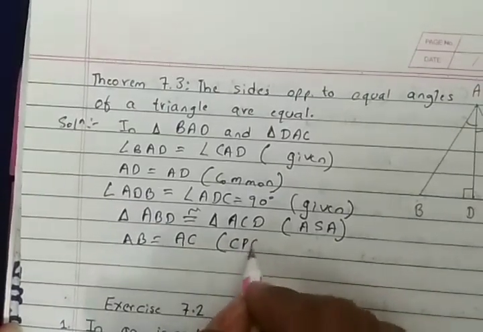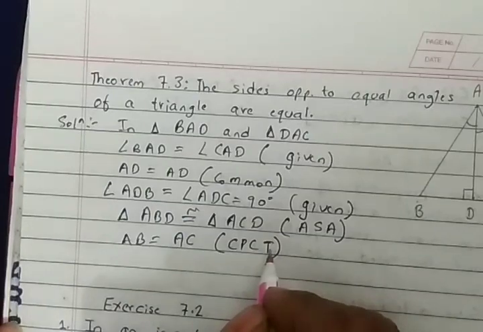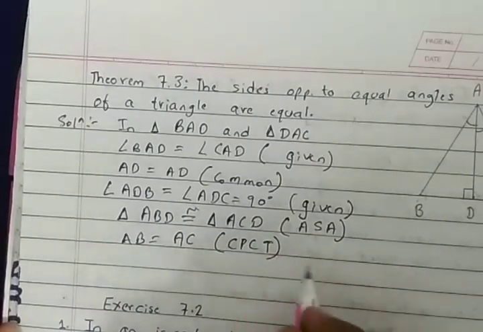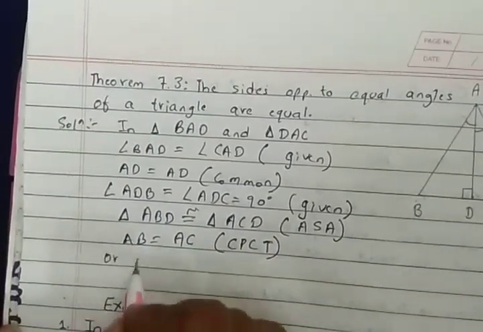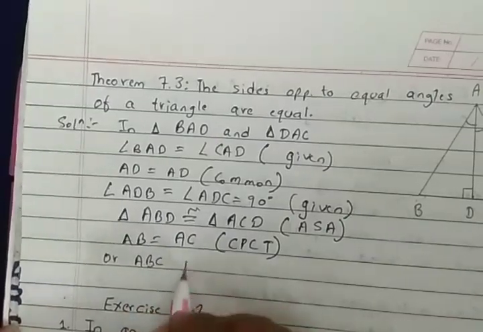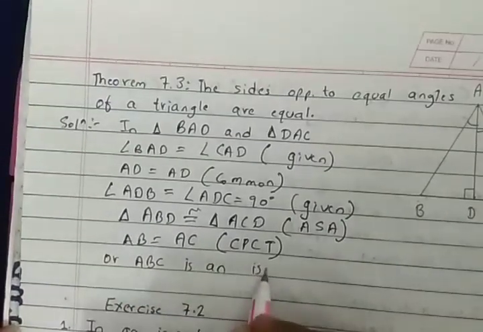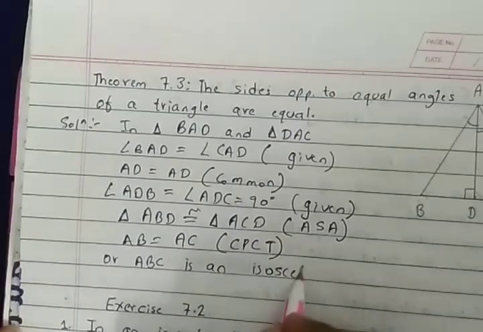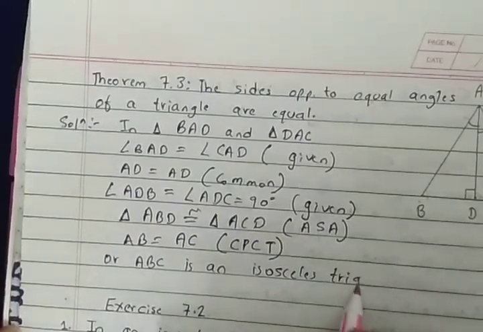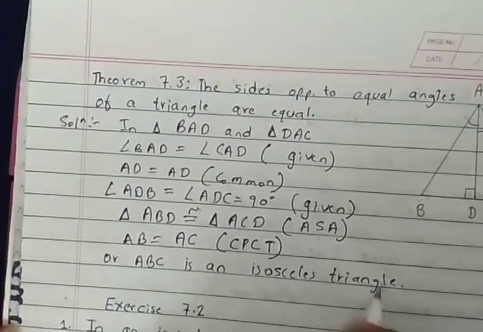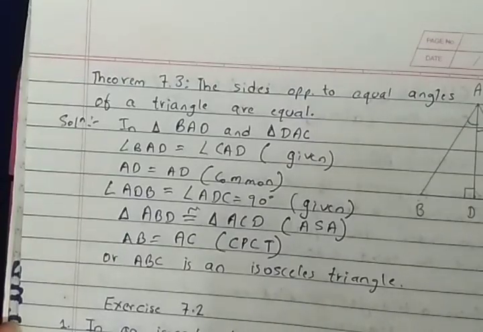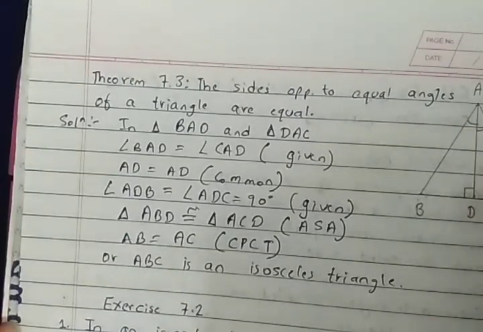Corresponding parts of congruent triangles, right? Or we can say that ABC is an isosceles triangle. We have proved that if the opposite angles are same, AB is equal to AC, then it is an isosceles triangle, right?